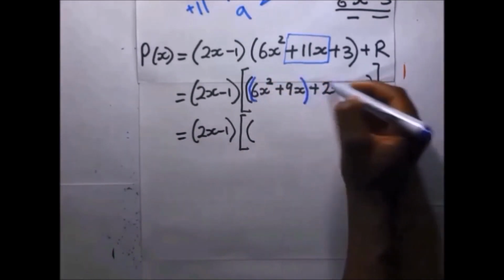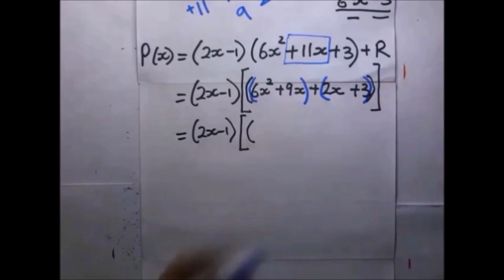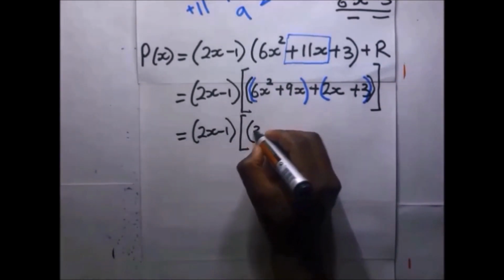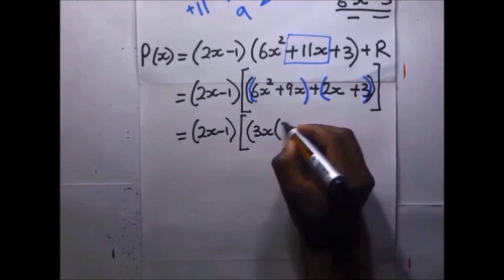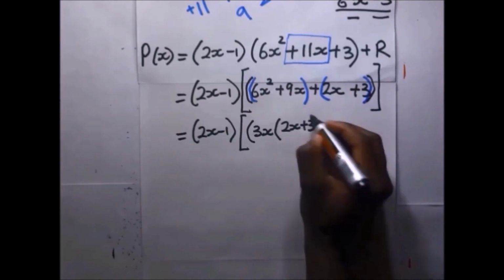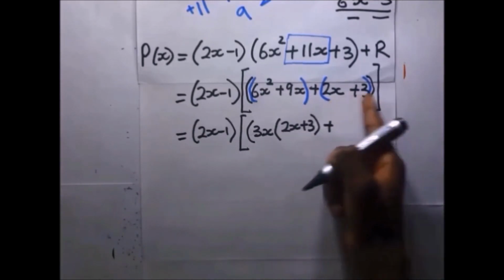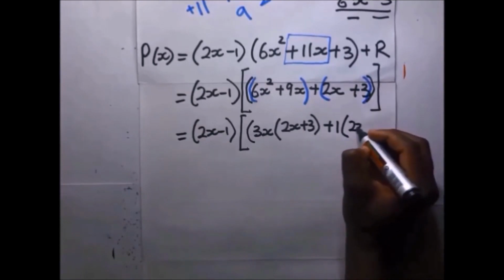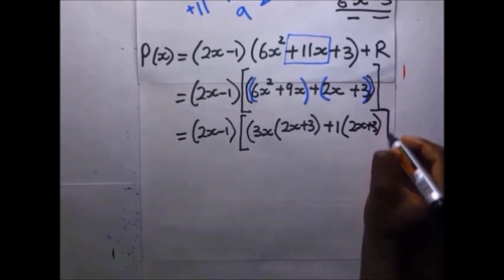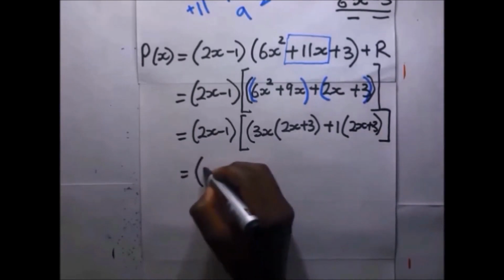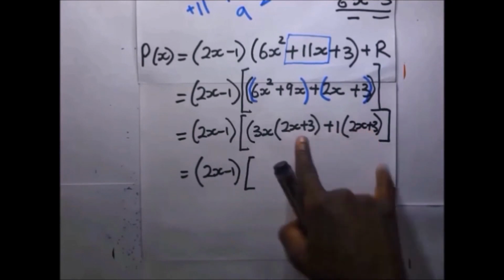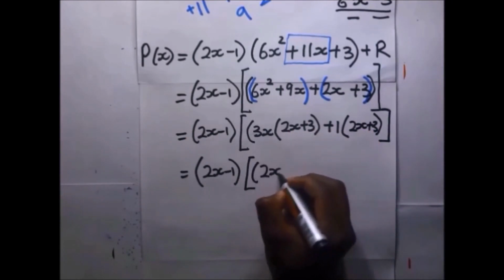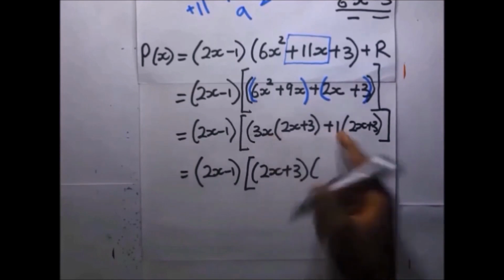The common factor here is 3x, so we pull 3x out of the brackets, it becomes 3x into 2x plus 3. Here there is no common factor, so it's plus 1 into 2x plus 3. So that's going to become 2x minus 1 into, what is inside the brackets is the same, so it becomes 2x plus 3 into 3x plus 1.